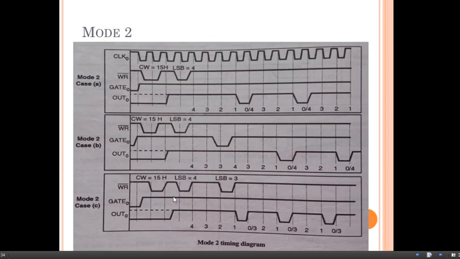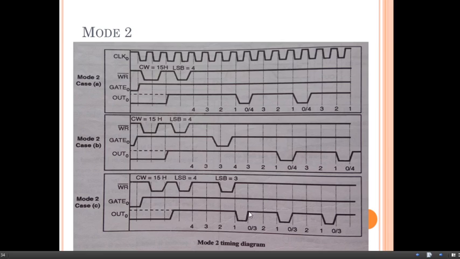And the third diagram, that is mode 2 case 3, is the new value case. Here the new value is entered before the first counting has completed. So the first counter value is 4, it has started 4, 3, 2, 1, again at 1 the output is made low up to 0, and again from 0. Now what happens when the counter reaches 0?